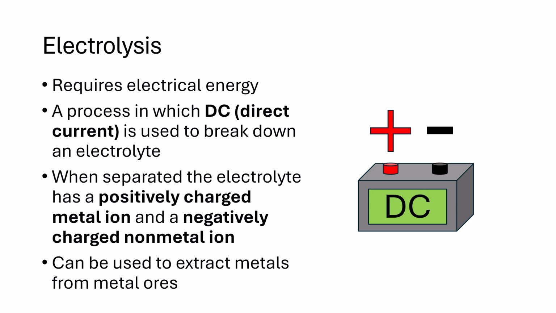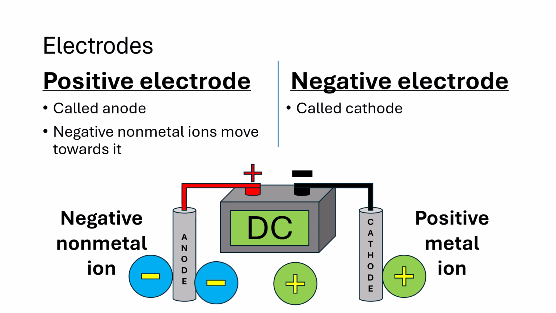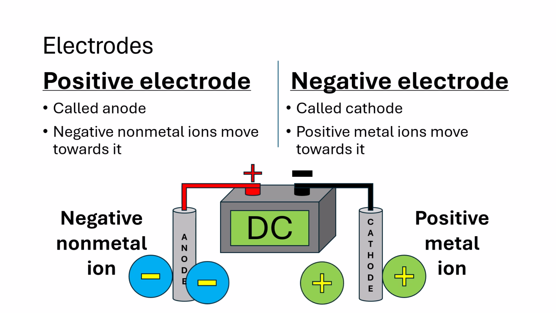You also need to ensure when you're talking about electrolysis that you talk about the fact that electrolysis requires a direct current or DC current, and that you have a positive and negative terminal that you would attach the electrodes to on the battery. Just as a reminder, the positive electrode is called the anode and the negative electrode is called the cathode, and the positive anode will have negative non-metal ions move towards it, whereas the positive metal ions will move towards the cathode.